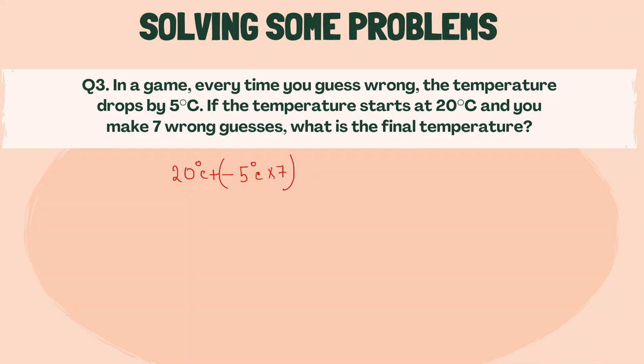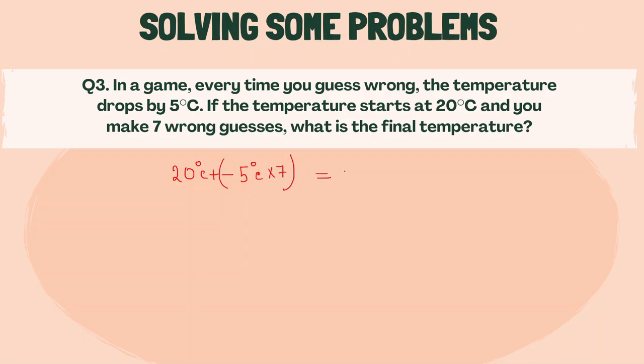So here, if you multiply one negative integer with another positive integer, then the value will always be minus. Like minus 5 degrees centigrade into 7 will be minus 35.